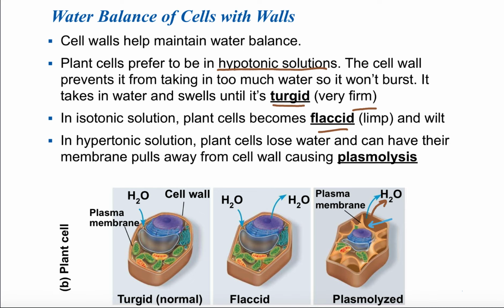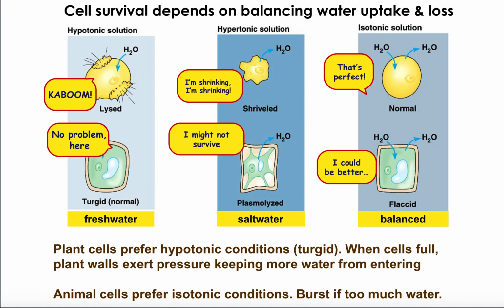This plasma membrane right here starts to peel off the cell wall, and it can peel off to such a degree that it separates completely from the cell wall, and then the plant cell can't recover, and the cell dies. So this is a more cartoony version of the last couple of images, but it summarizes the difference between animal cells and plant cells and what's ideal.